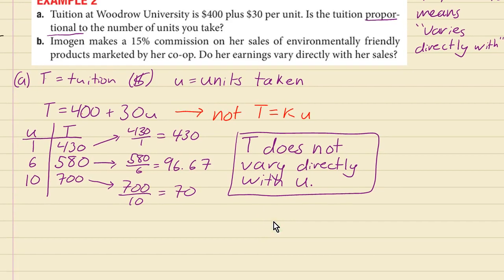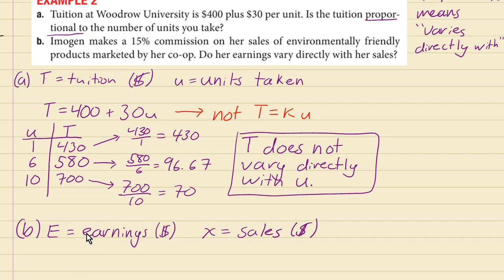Let's say that for part B here, her earnings, let's just call that E. So let's figure this out. How can we write an equation about this? It says she makes a 15% commission. What that really means is that her earnings are 15% of the stuff that she sells.